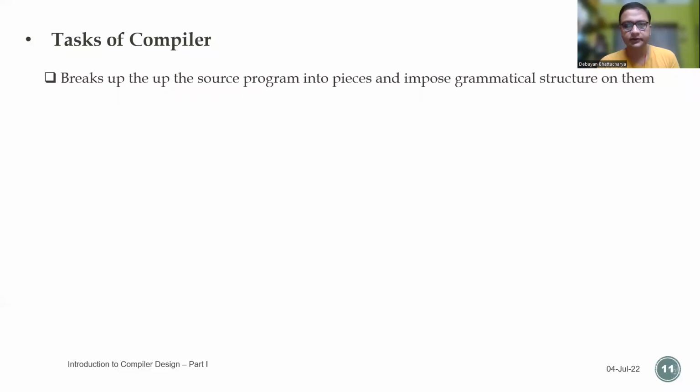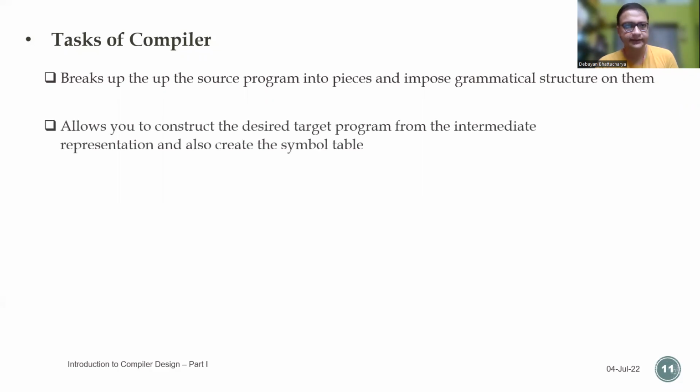Whenever a compiler takes a source program written in a high-level language as input, it first needs to check whether the instructions follow the grammatical structure of that language or not. Next, it allows you to construct the desired target program from the intermediate representation and also create the symbol table.